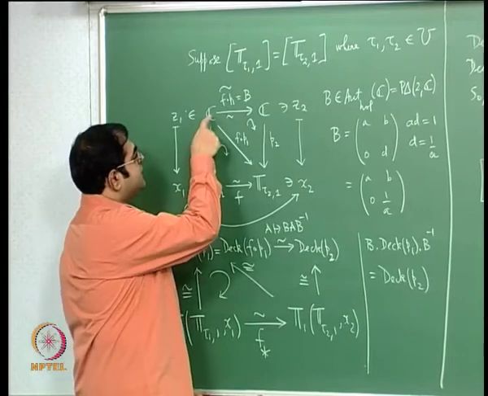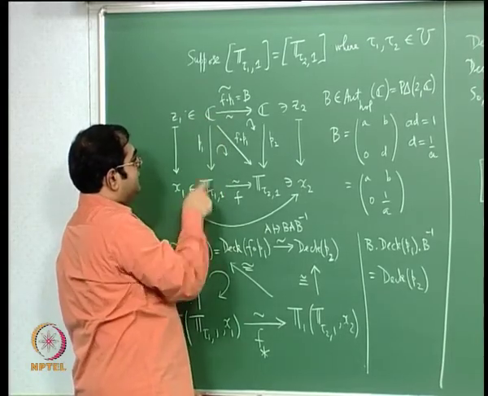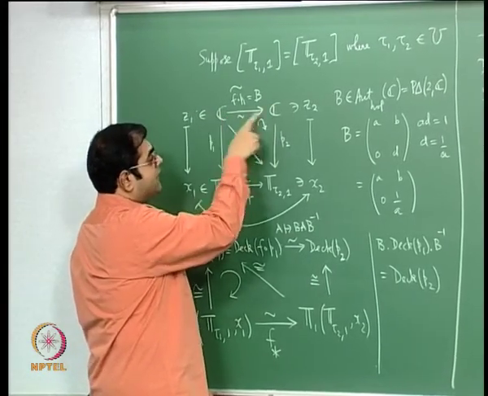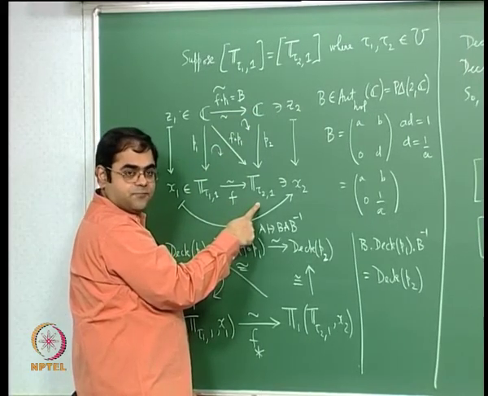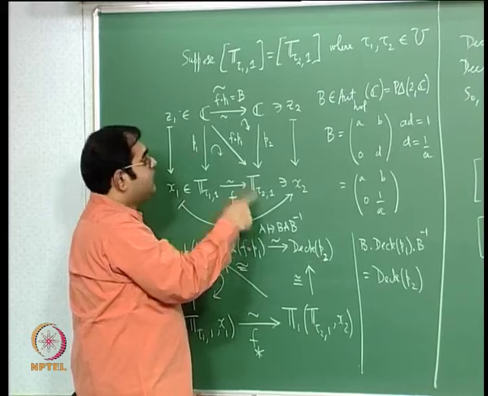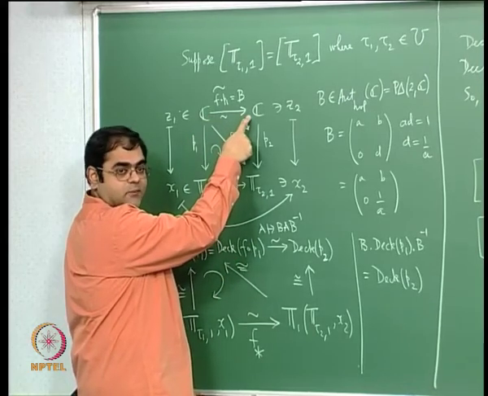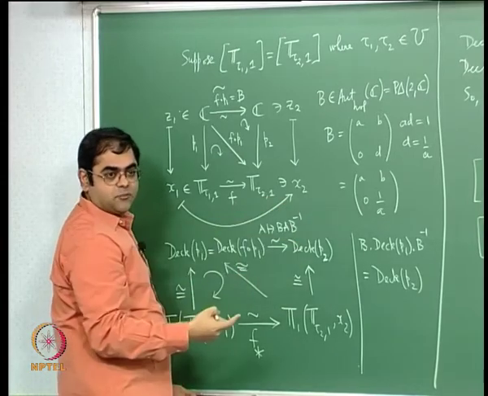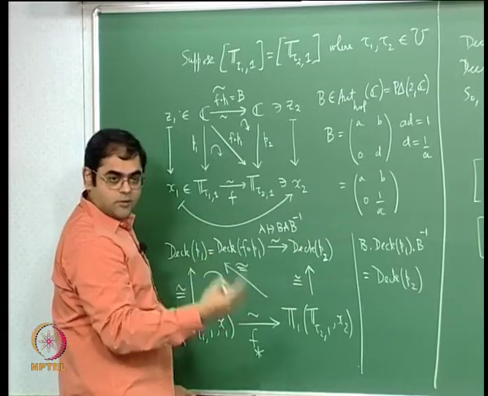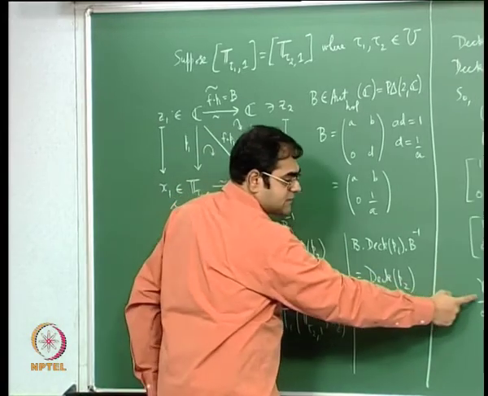Therefore you will get this B, and it will go down to a map like this. You can cook up the B, given alpha beta gamma delta and a PSL2 matrix which takes tau 1 to tau 2.